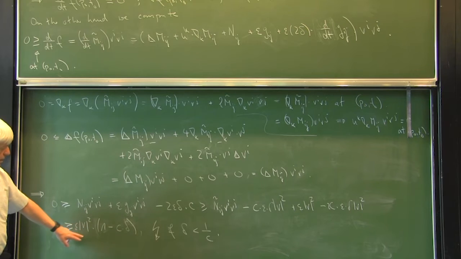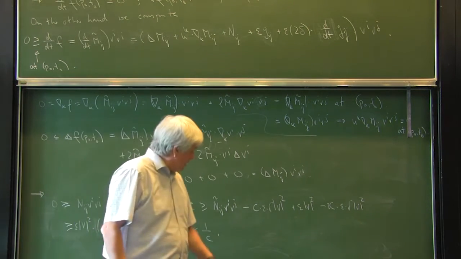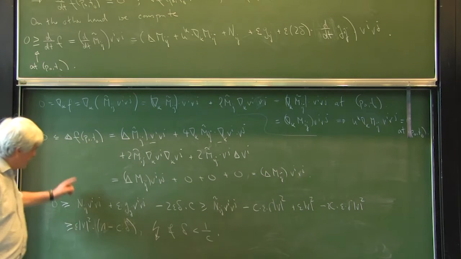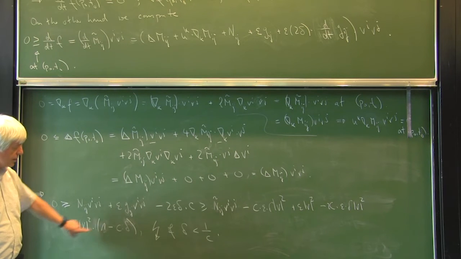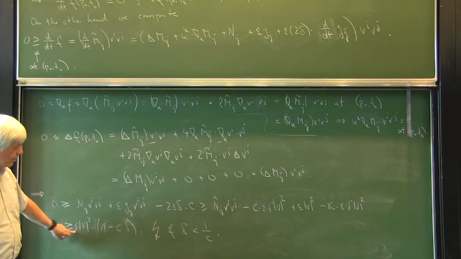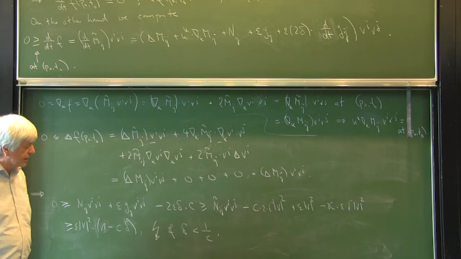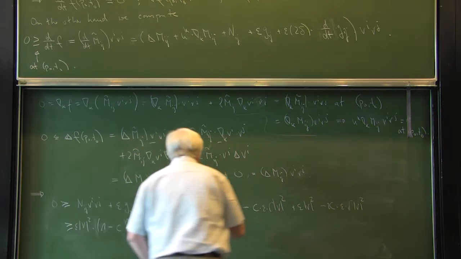So with this argument we get that n tilde is positive on the small time interval, and now we can let epsilon tend to 0 and get the result on 0 delta.